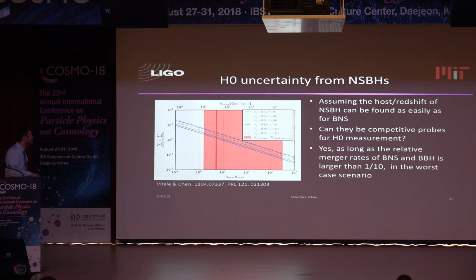You can still do better with neutron star black hole, even if there is only one of them for 10 neutron star binaries, okay? And if the spins are larger or more misaligned, even if you have one every 50, you can still do better with neutron star black hole. So this is to say that these other sources may also contribute significantly to measuring the Hubble constant.